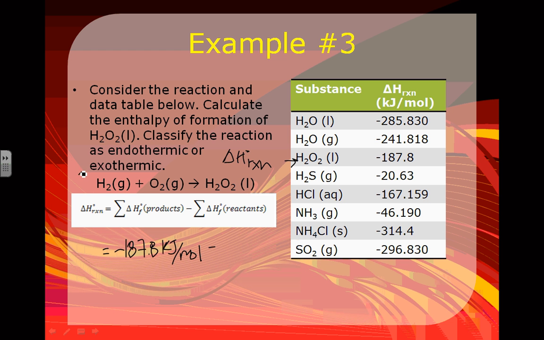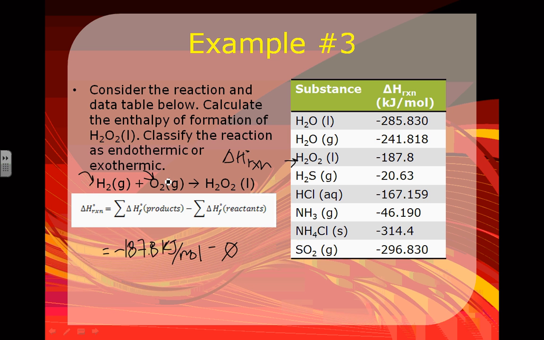Here we have hydrogen gas in its elemental form, and oxygen. These are diatomic molecules, but it's still just the original element. When it's in the original elemental form, like hydrogen gas, oxygen gas, nitrogen, fluorine, chlorine gas, bromine liquid, those diatomic molecules have an enthalpy of 0, because that's the starting point, so to speak.